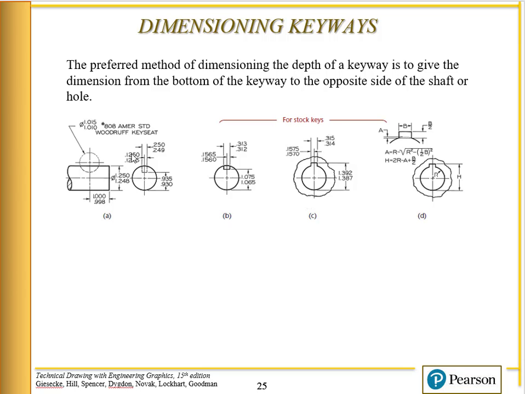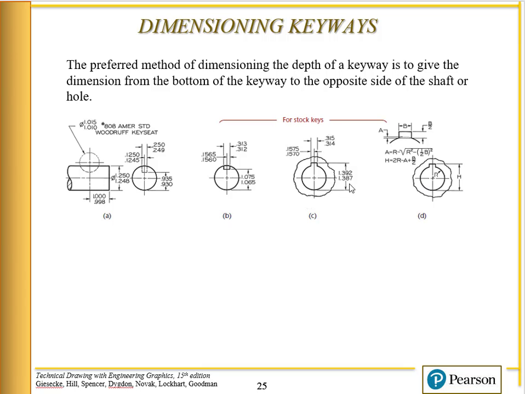That's how we dimension the keyway to be at the center of the cylinder. Then we dimension the depth of the key to the bottom of the shaft. It's very important: from a key seat like that, it's from the depth of the key seat to the bottom of the shaft.